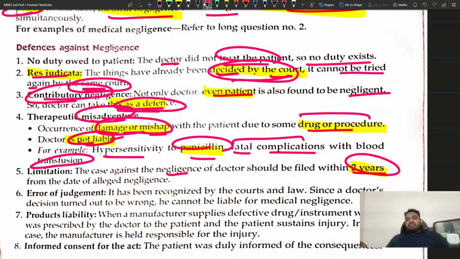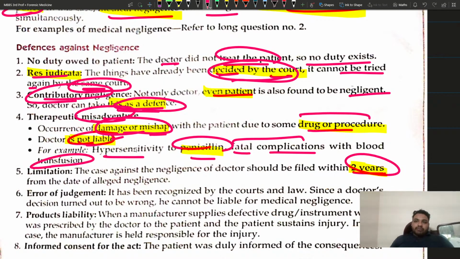Limitation. Now let's say you have done an amputation of the left leg of a person, because that was the only last point of treatment. Now after 2 or 3 years, he or some friend or relative says, yes, you can ask for compensation, and nobody told me anything.